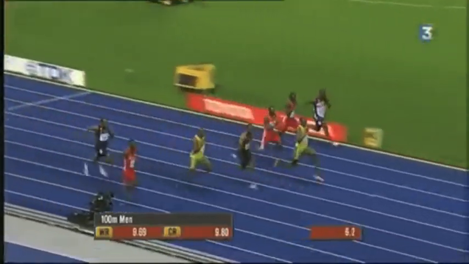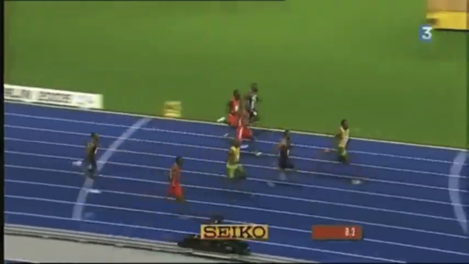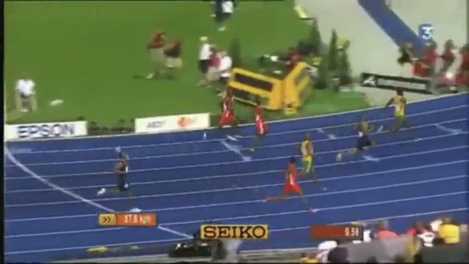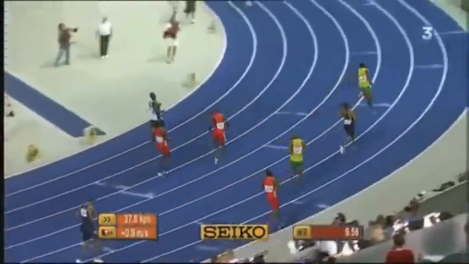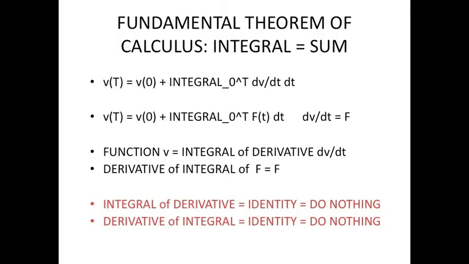Simple to say, but less easy to do. The fundamental theorem states that any function is equal to the integral of the derivative of the function. Or the other way around, the derivative of the integral of a function is equal to the function.